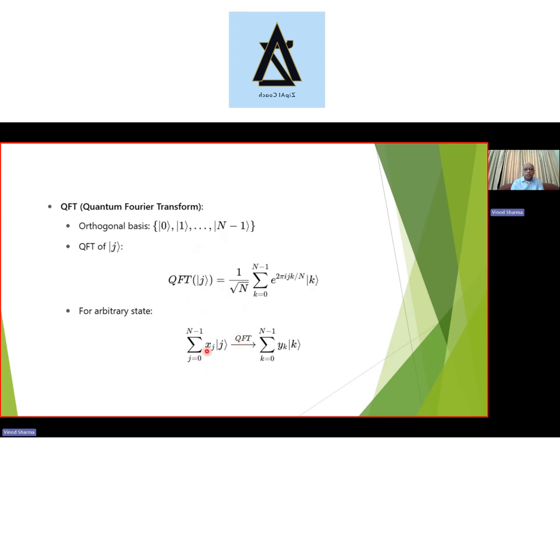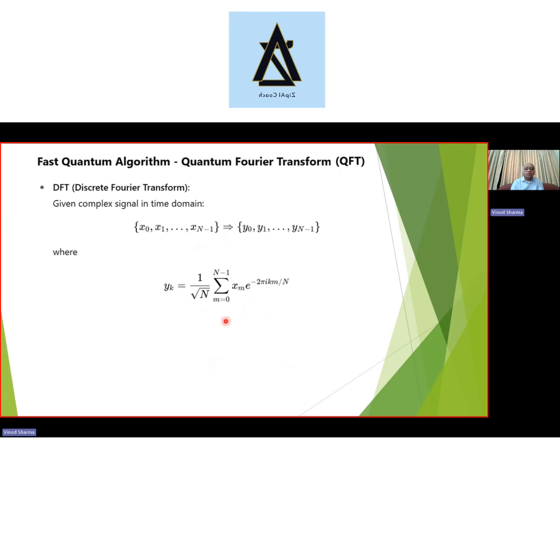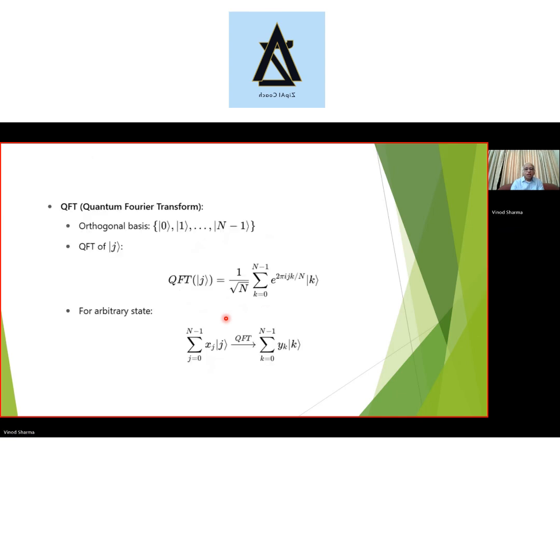You put QFT here and you take it inside the summation over j of xj, then QFT of j. So this is how you will get the QFT of the whole thing. You can rearrange that to show that it can be written as sigma k equal to 0 to n minus 1, yk |k>, where yk is the same as we have seen here. So this is how we can define the QFT of any arbitrary state in the quantum domain.